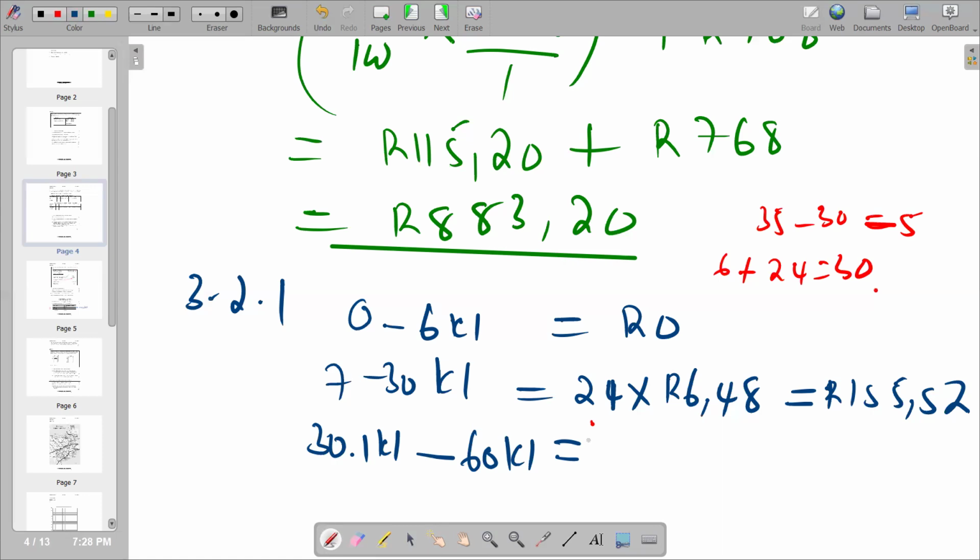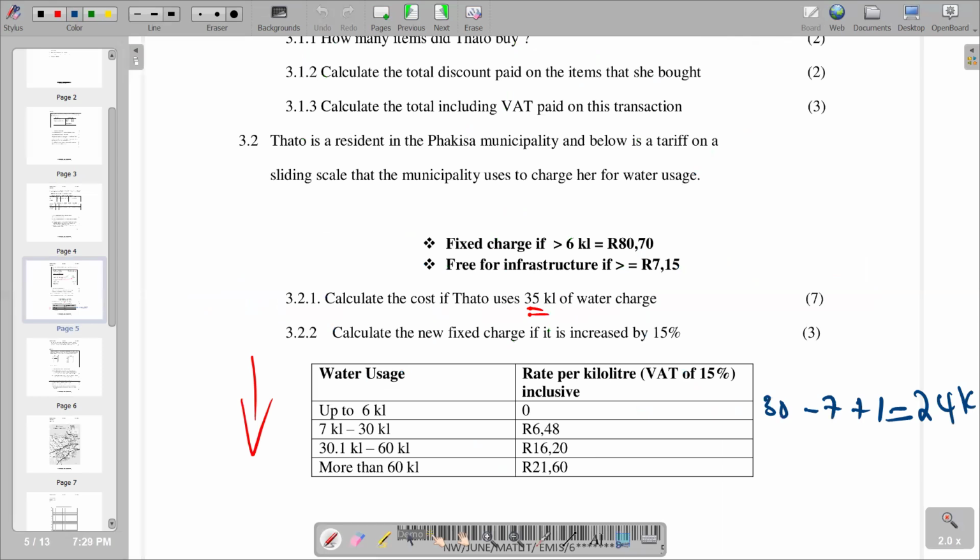So we say 5 times the charge that we have in that band, which is 16 rand 20 cents, as indicated here. So we are going to say 5 that is remaining times 16 rand 20 cents.